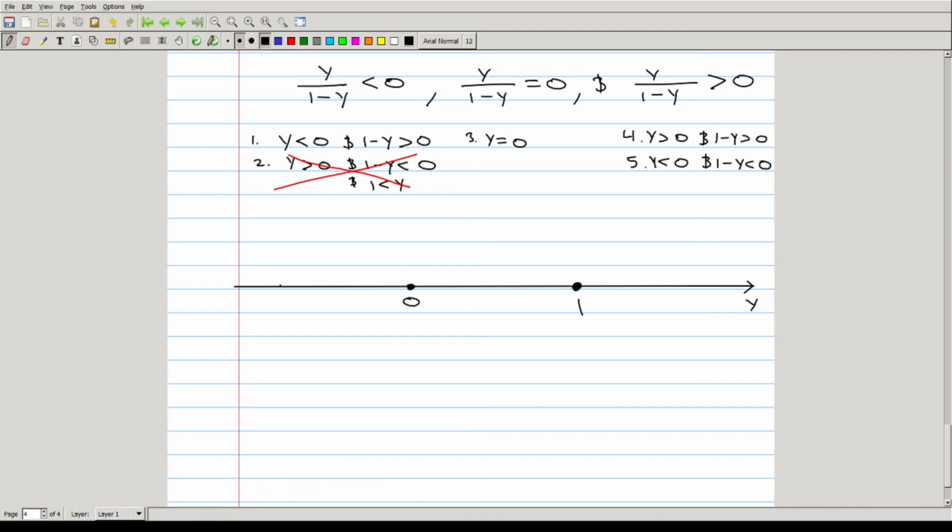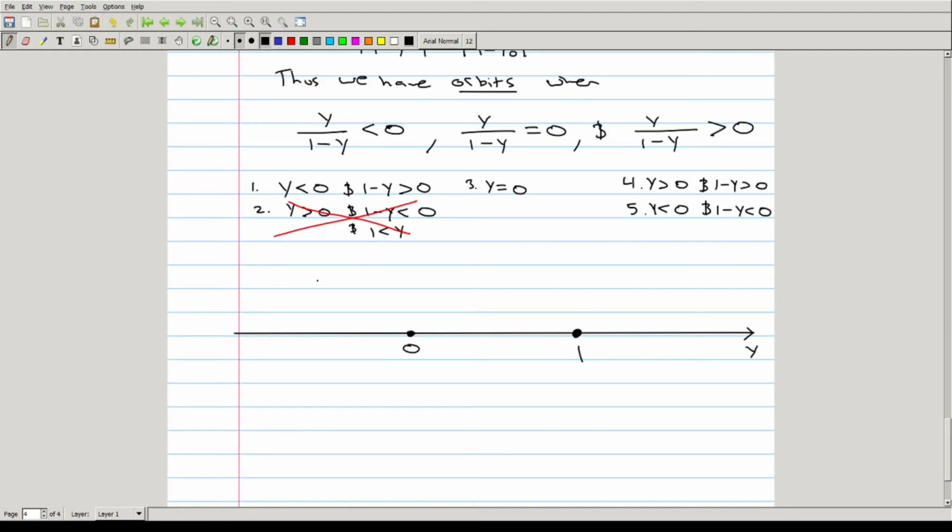And when y is less than 0, the solution is going to be decreasing exponentially, according to that logistic function.